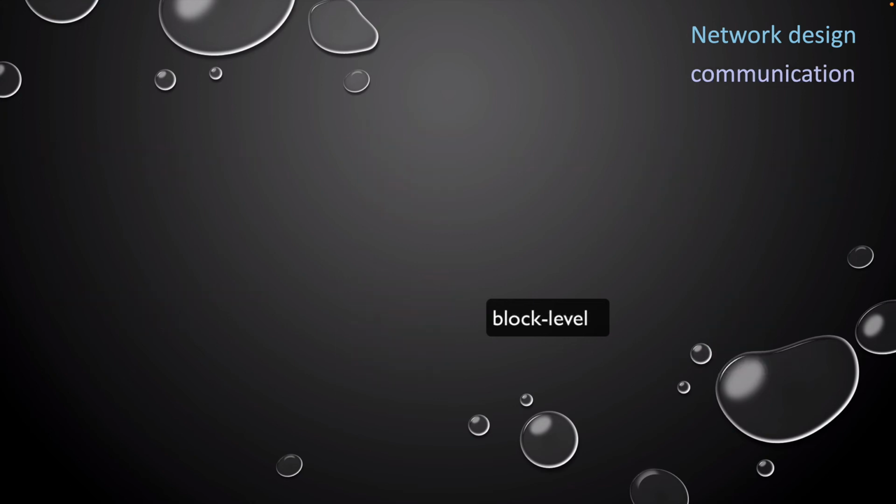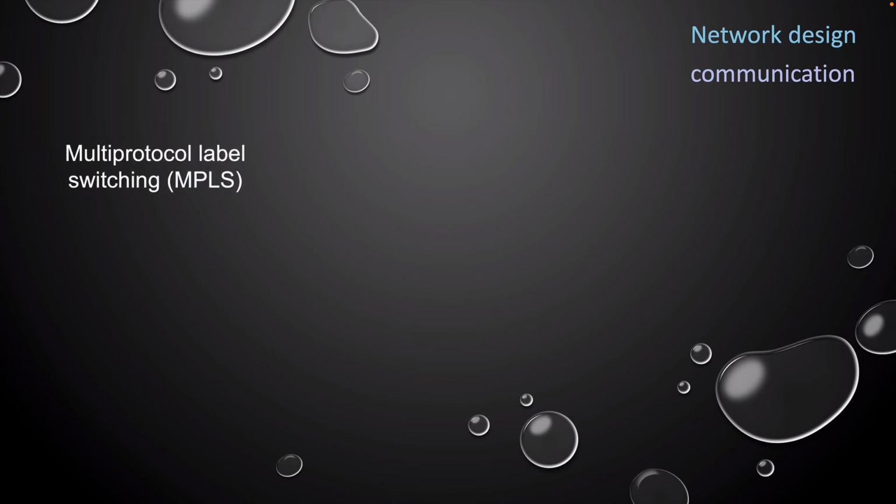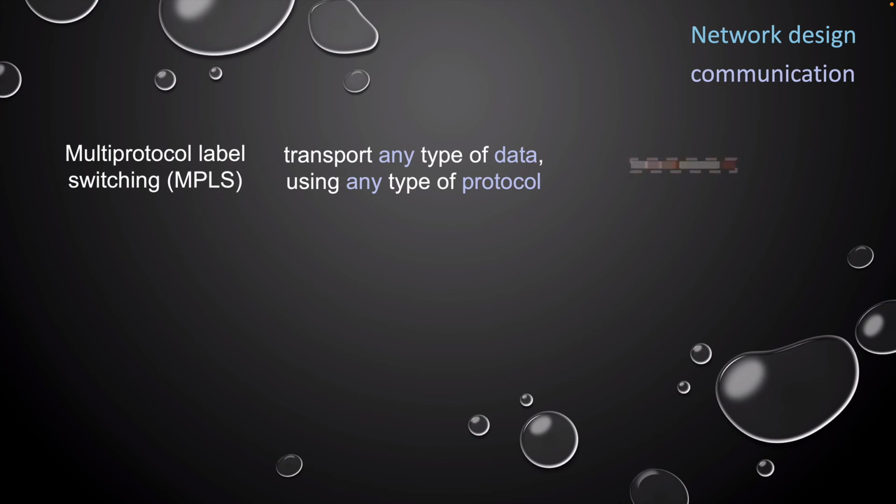Now, how do we ensure our communication across our network that we just designed? One option is multi-protocol label switching or MPLS. And this allows us to transport any type of data using any type of protocol. So remember, with IP protocol routing, you have to consider the hops and the subnets used, as we learned in our earlier videos.